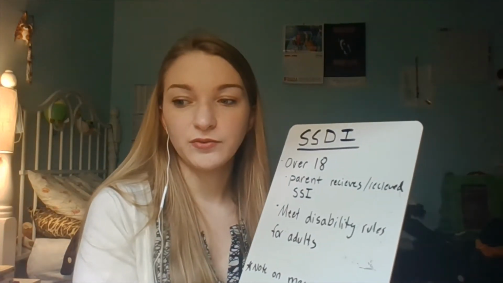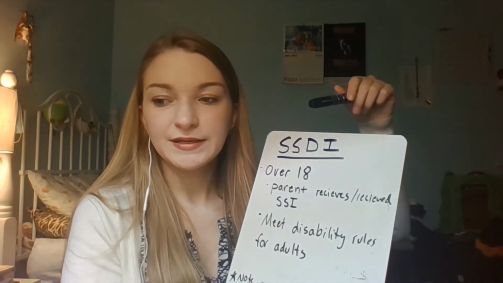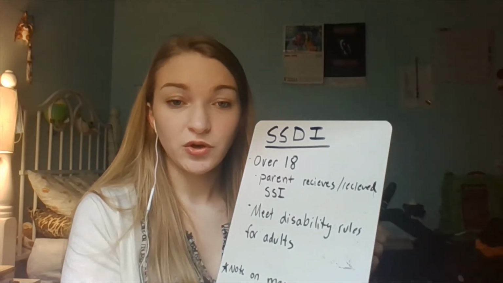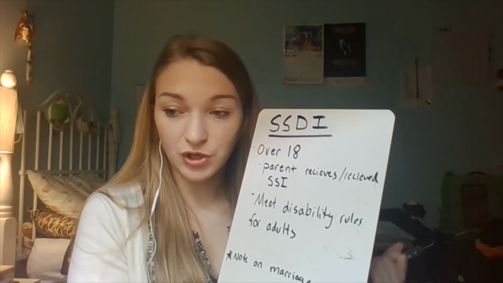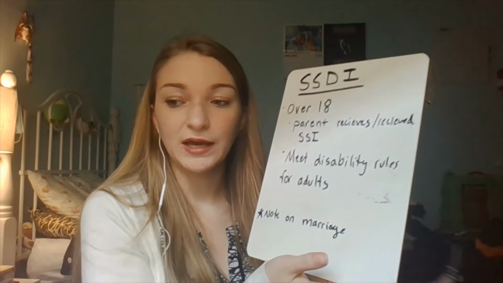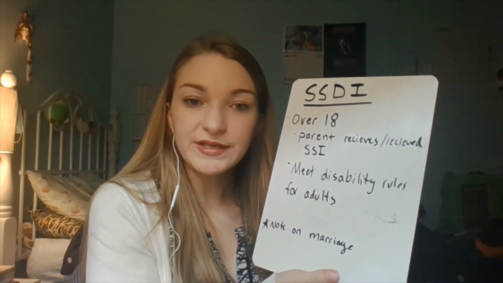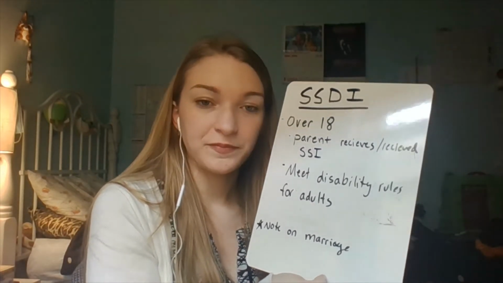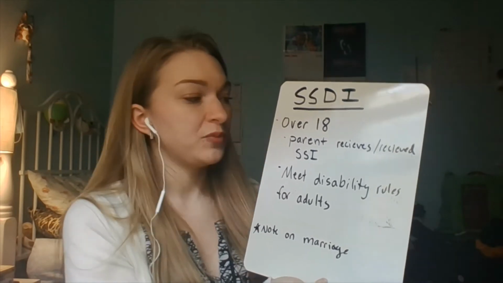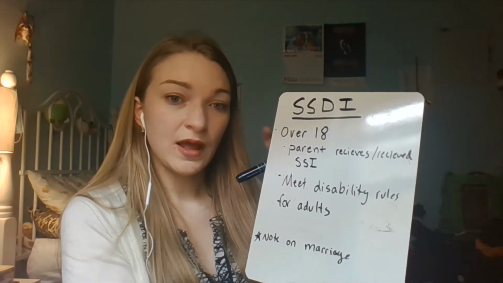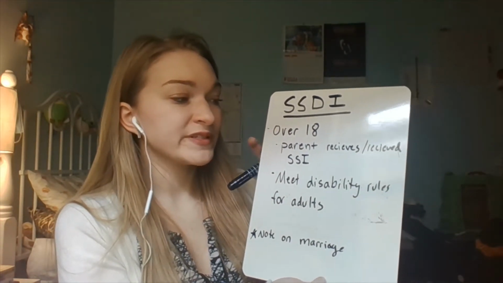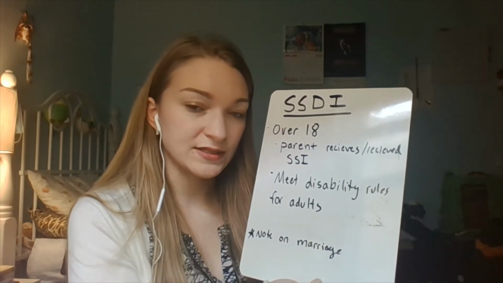Next, I'm going to be talking about SSDI, which is Social Security Disability Insurance, which are benefits for adults who have been disabled since childhood. So this is a different sort of program, and it is for people who are over 18 and they have a parent who receives or received SSI.